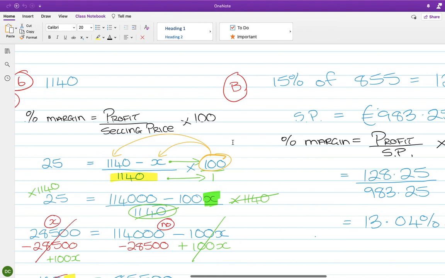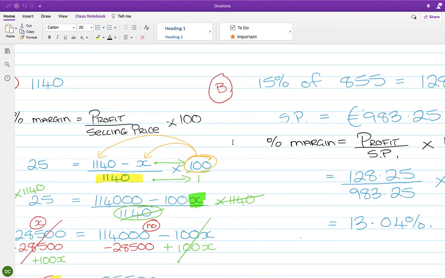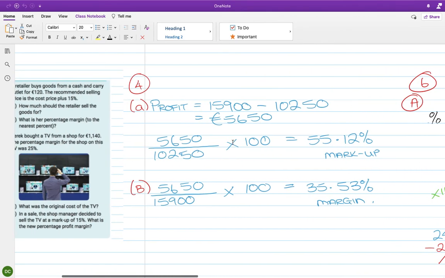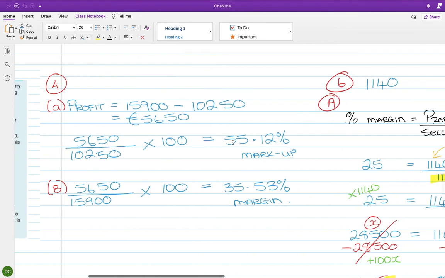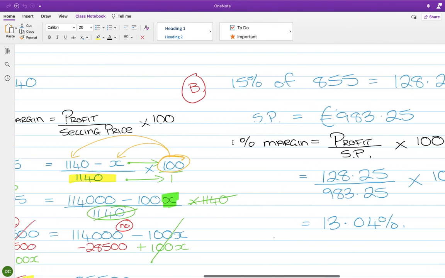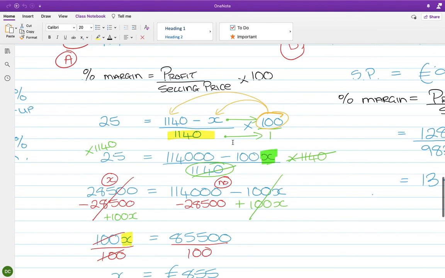So with a markup of 15%, you're getting a profit margin of just over 13. I wonder what was the markup before. What did we say the profit was? 1140 minus 855.